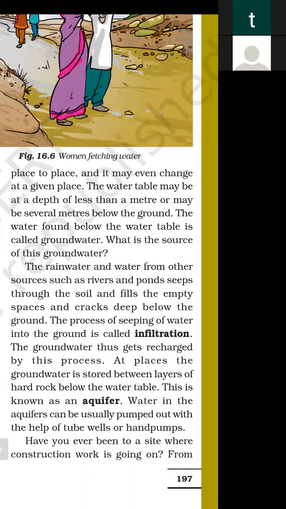The water in tube wells, hand pumps, and submersibles comes from the aquifer, and the aquifer is the place where the water is stored below the ground. So these are pumped out with the help of tube wells or hand pumps.